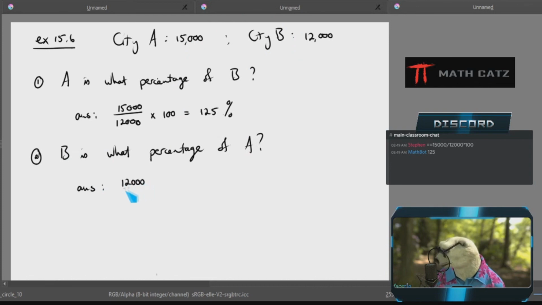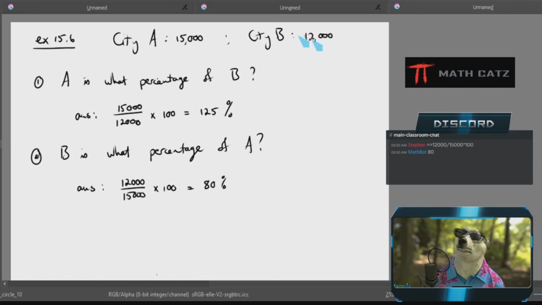So it's 12,000 compared to 15,000. 12,000 divided by 15,000, make it a percentage. 80%.